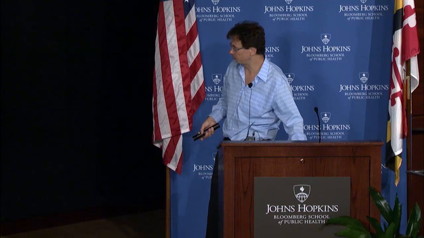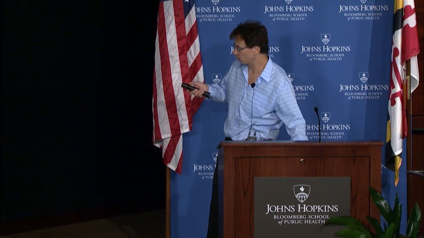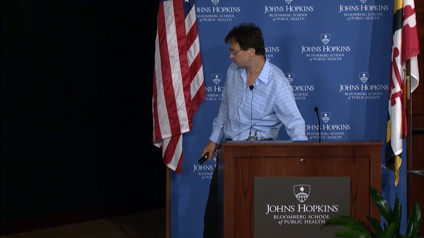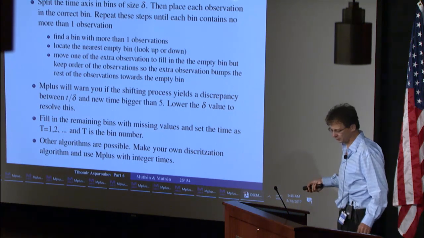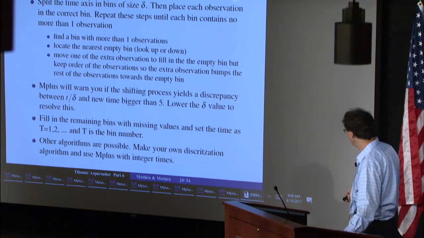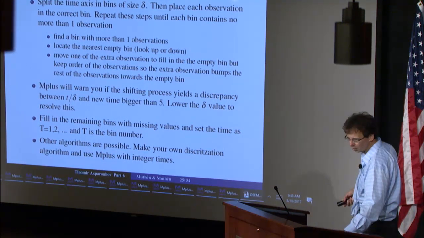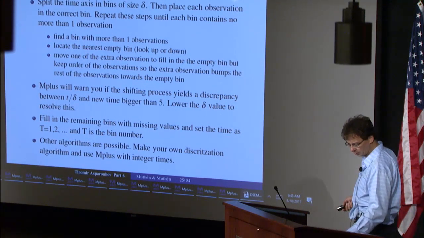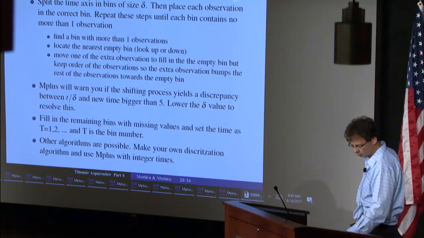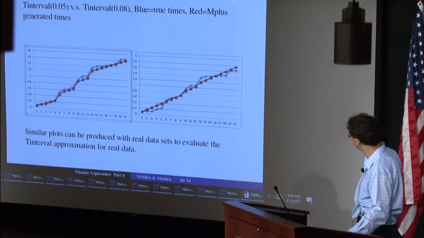And you also help Mplus in that way, to make it easier for you to analyze the data later on. And again, this is just an ad hoc algorithm. It's very simple, and you can make your own algorithm to approximate your times of observations one way or another with the integer values that the discrete time series methodology is based on.